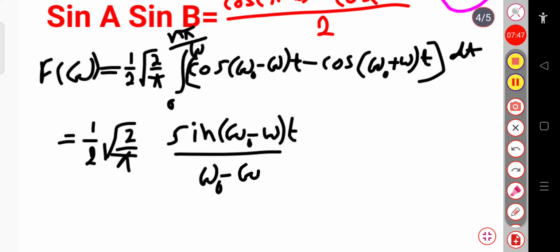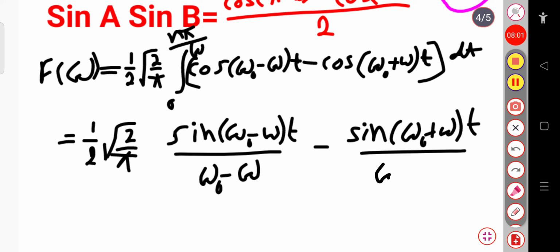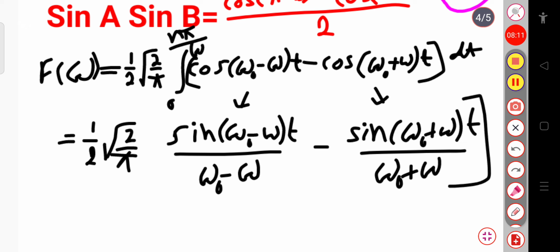Again for the second part, minus sine (omega naught plus omega) into t divided by omega naught plus omega. And this whole at the limit 0 to n pi divided by omega.